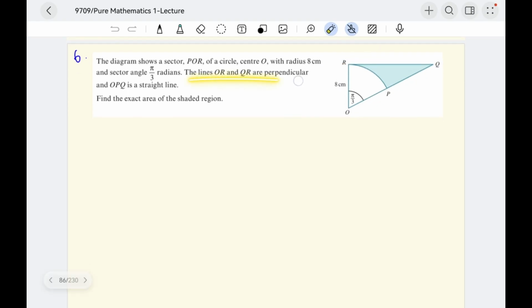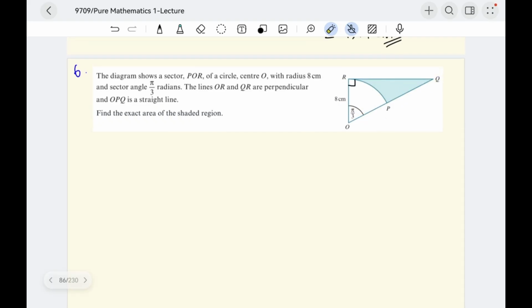So what does it mean? It means that this angle must be a right angle. Therefore, this triangle OPR is a right-angled triangle. OPQ is a straight line.